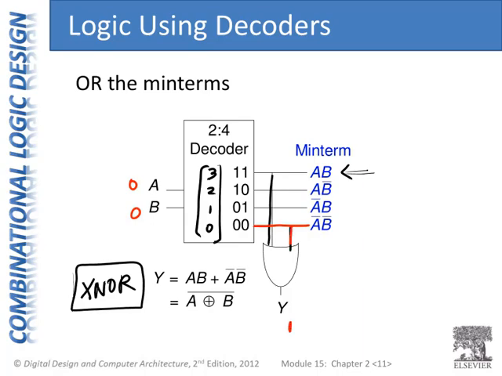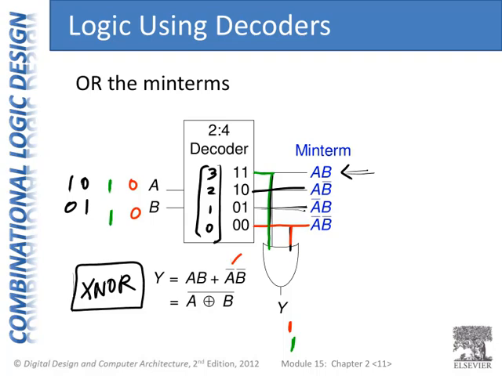I'll get my 1 on my output Y. When A is 1 and B is 1, we're going to get a 1 on Y3, and that will give me my output 1 on Y. In every other case, in the 0, 1 case, this output's a 1. All the rest are 0, but not connected to that one. Or 1, 0. The Y2 output is 1, but that OR gate isn't connected to it.